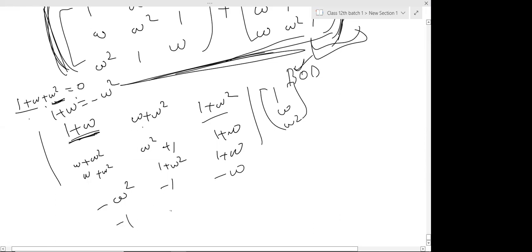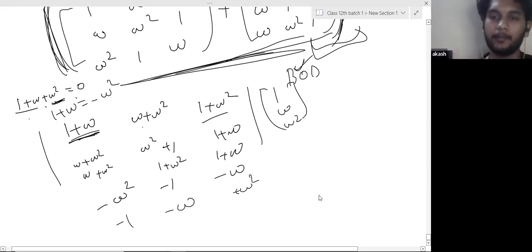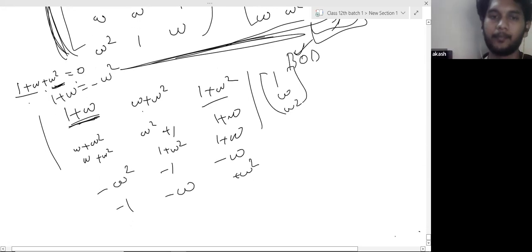So this is minus 1, minus omega square. This is minus 1 again, I think. All right, this is all right. So 1 plus omega square is minus omega. This is minus omega square. All right.